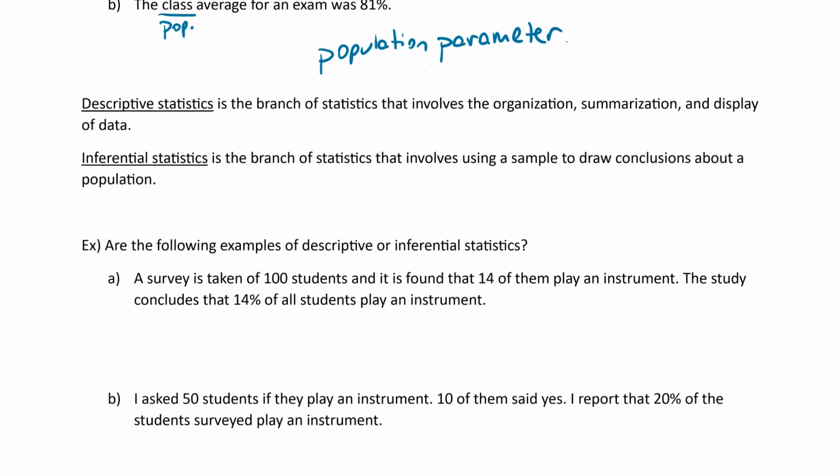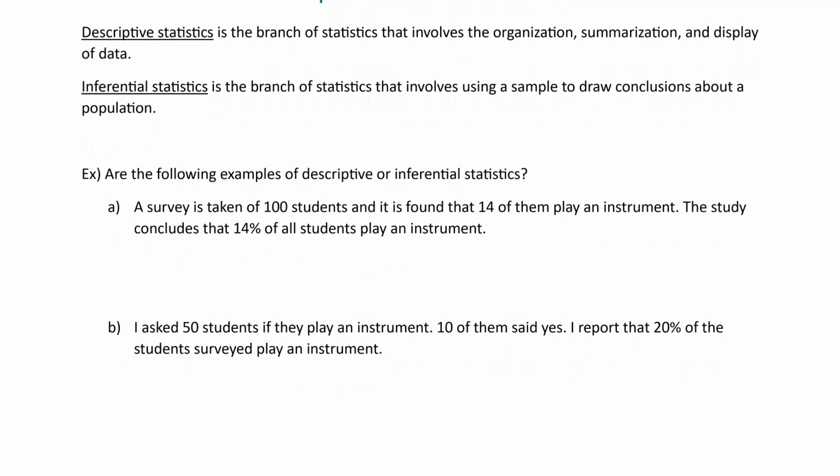All right, next thing is we're going to talk about a couple different types of statistics. So first off, descriptive statistics is the branch of statistics that involves the organization, summarization, and display of data. Inferential statistics is the branch of statistics that involves using a sample to draw conclusions about a population.